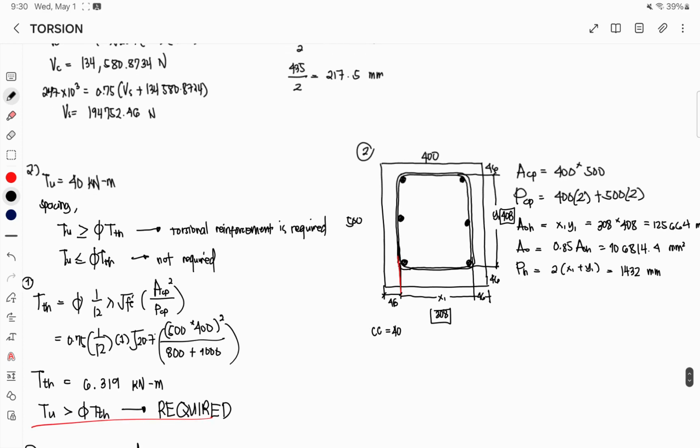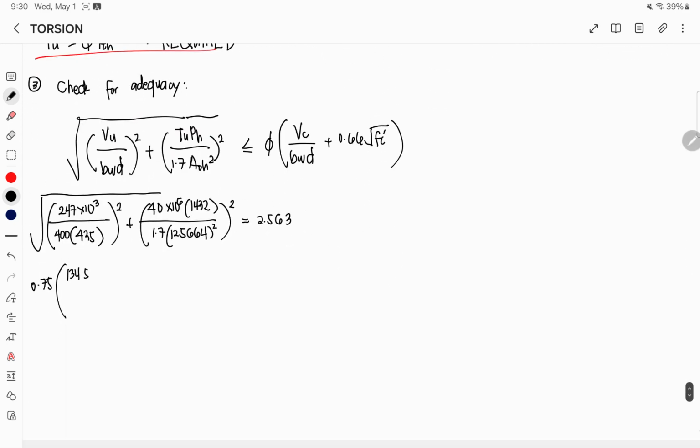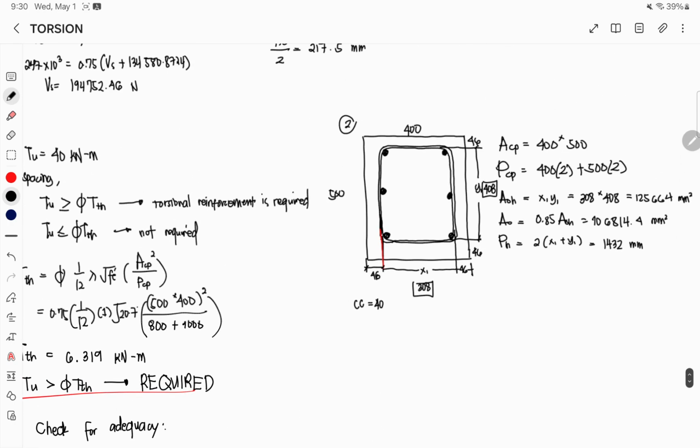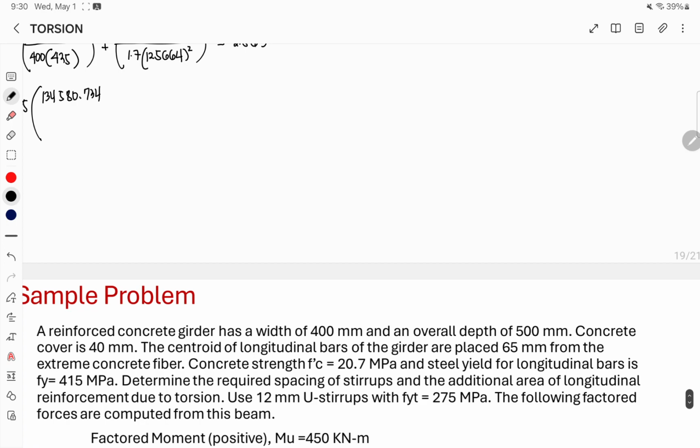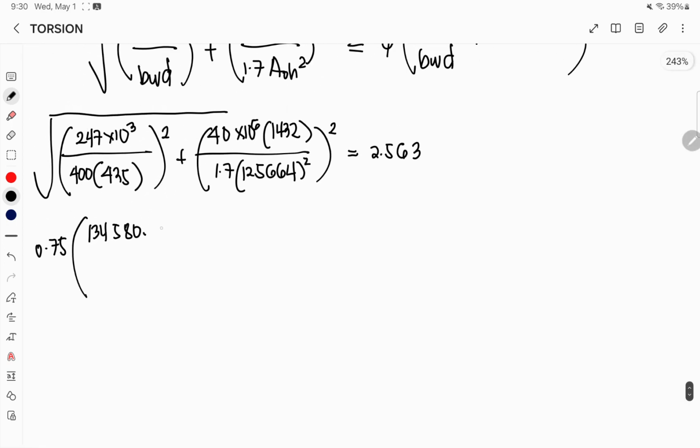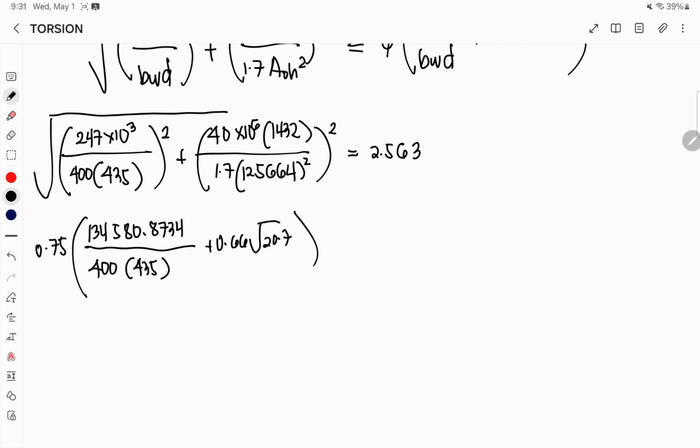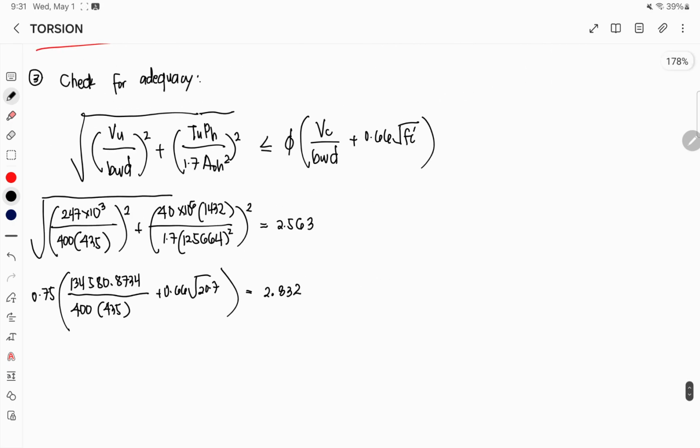Yung lalabas po, 134,580 all over BW, 400 for 35 plus 0.66 square root of 20.7. This is equal to 2.832.